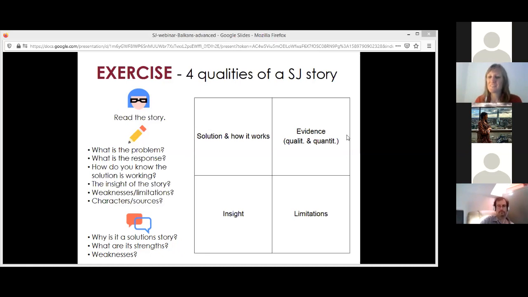So my topic is solution and how it works. From this topic about Belarus and the violence against women, the solution is that women are training and applying to train in a sport.